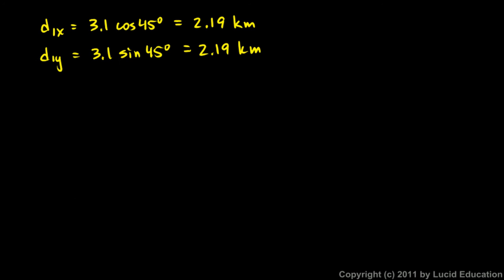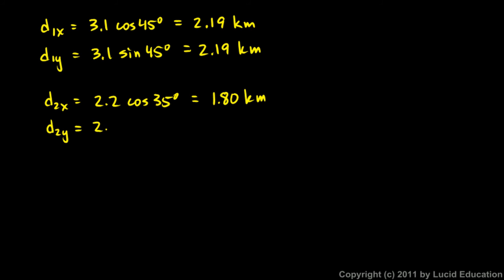Okay, so let's write that in. d2x is going to be d2, which was 2.2, times the cosine of 35 degrees, and that comes out to 1.80, and d2y is going to be 2.2 times the sine of 30 degrees, and that comes out to 1.26 kilometers.